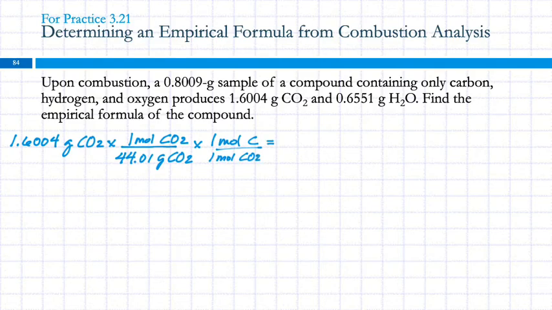I'm going to write that number down because I want it, but then I also have to go on and calculate grams. It's 1.6004 divided by 44.01. So this is 0.03636. I've got 5 sig figs in the beginning there, my molar mass is only giving me 4, so we'll hope that this is good enough. That's moles of carbon.